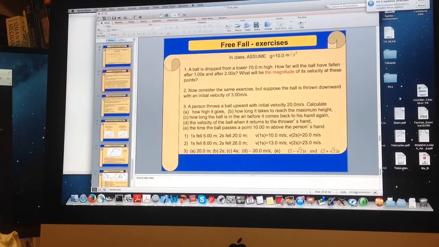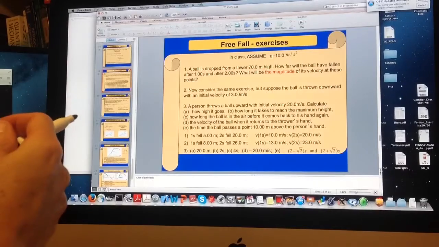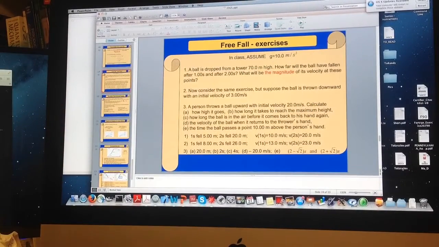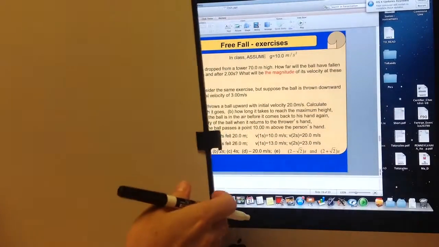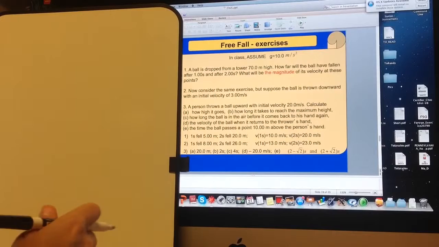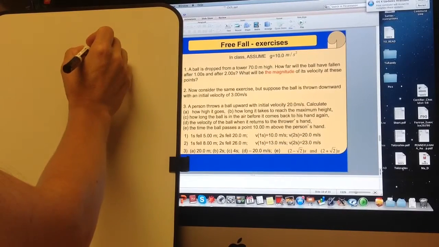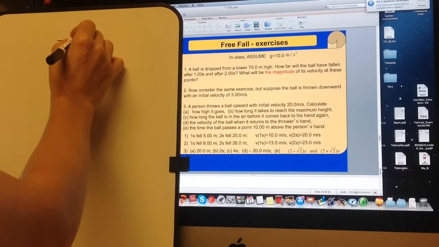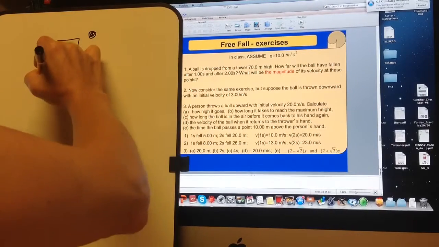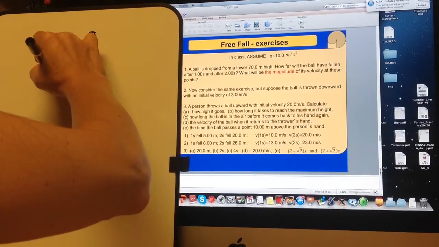All right, so let's start with the first problem. A ball is dropped from a tower 70 meters high. When we are solving these problems, make drawings. Drawings are very helpful, okay? So the ball is 70 meters high, and it's dropped.